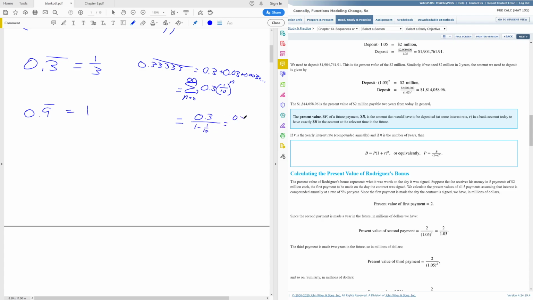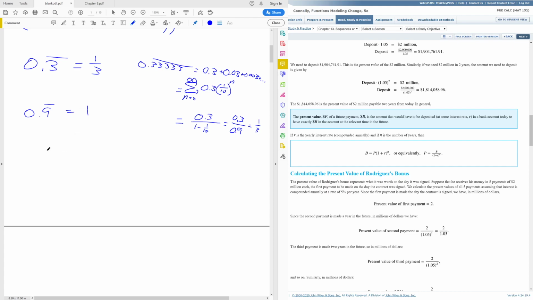And that's 0.3 over, what's 1 minus 0.1? 0.9. And so 0.3 over 0.9 reduces to 1/3. Okay, and so we see that that's how that works.